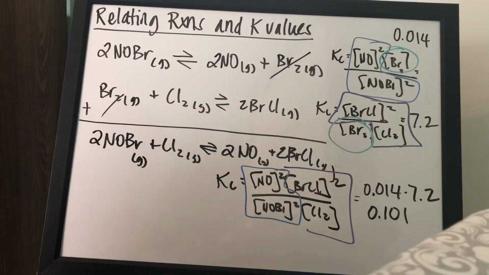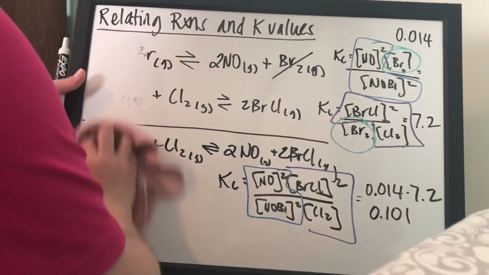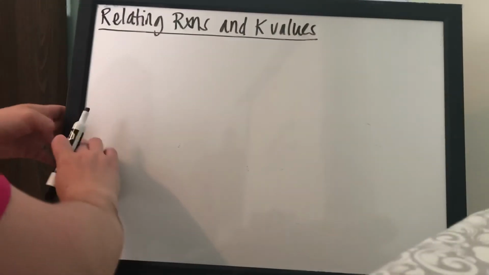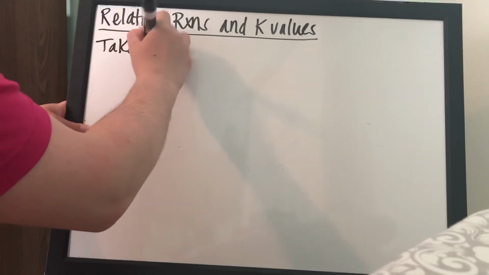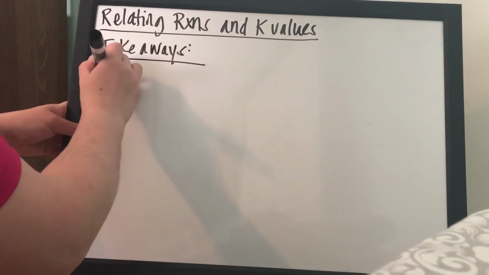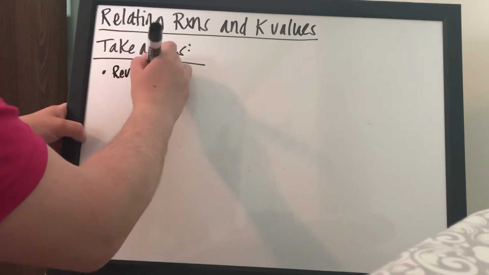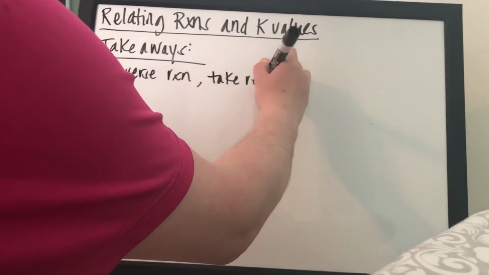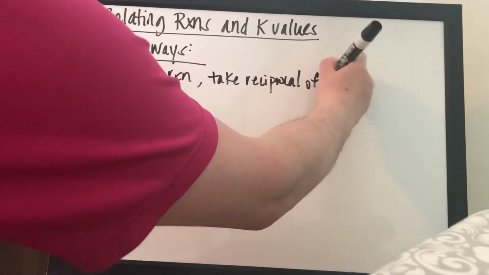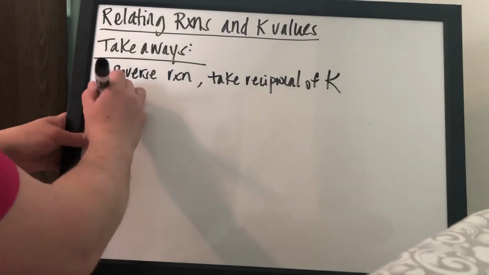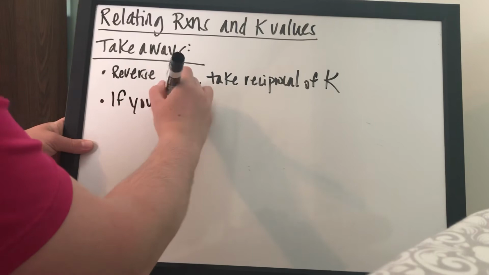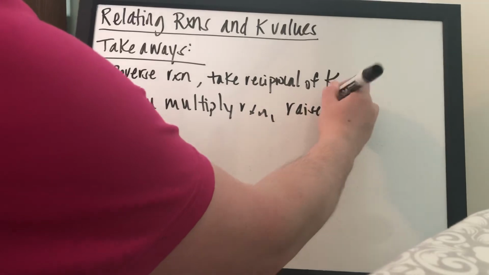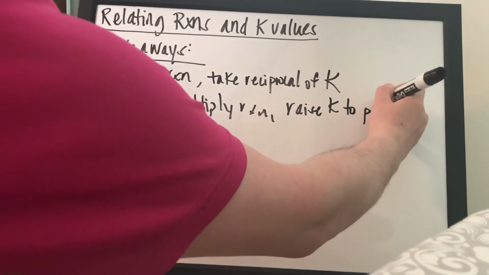If you want, we can do a couple bullet points in the manipulation of Kc or Kp. We can call them takeaways. If you reverse a reaction, you take the reciprocal of K. If you multiply a reaction, you raise K to that power.